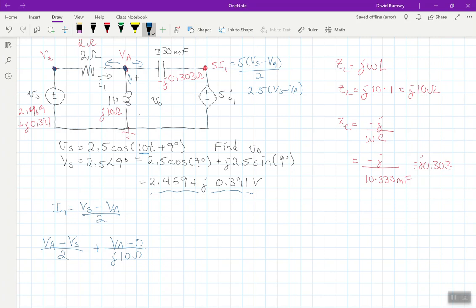And the current going to the right would be Va minus (2.5 Vs minus Va) over negative j 0.303. And that's equal to 0.